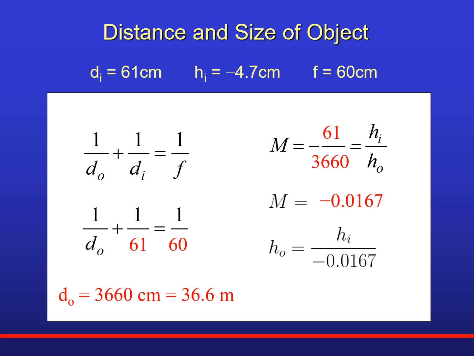So now we plug in the values. We know h_i. Remember, we measured that. It's a negative number. We have a negative 4.7 centimeters over this negative magnification. The two negatives cancel. h_o is 282 centimeters, or, more convenient, we'd say the tree is 2.8 meters high.